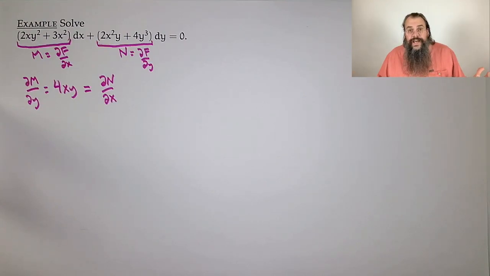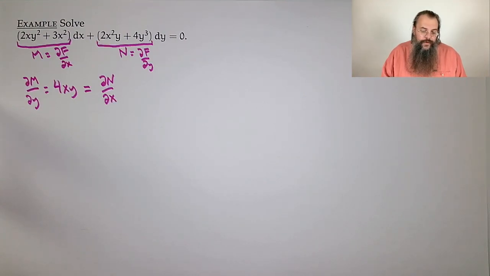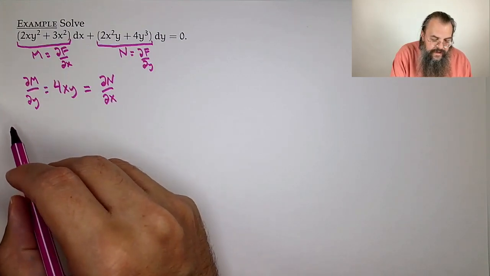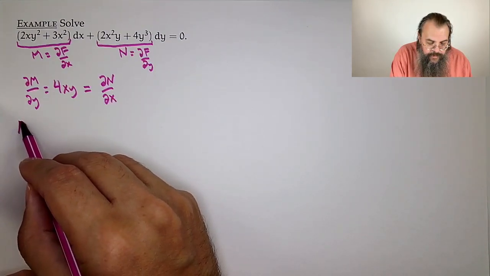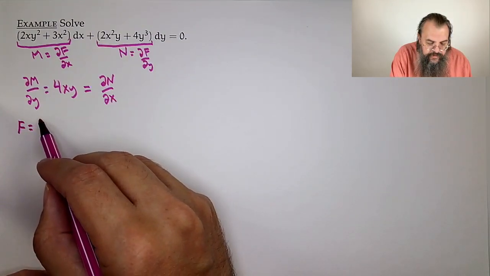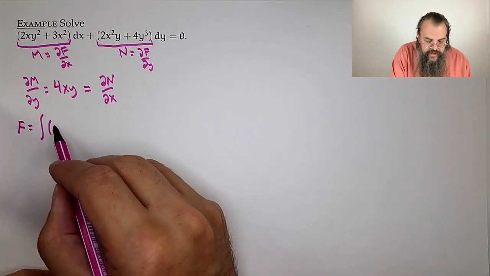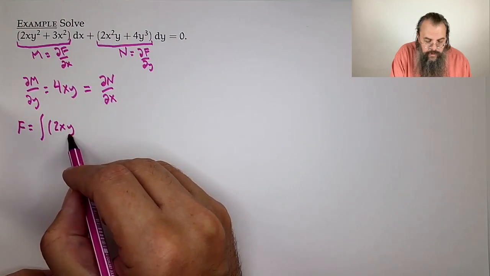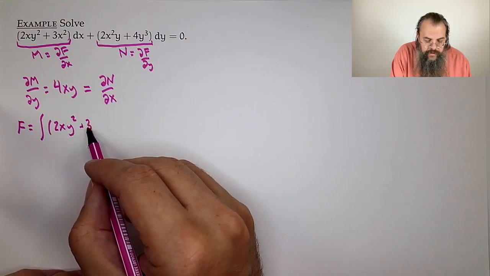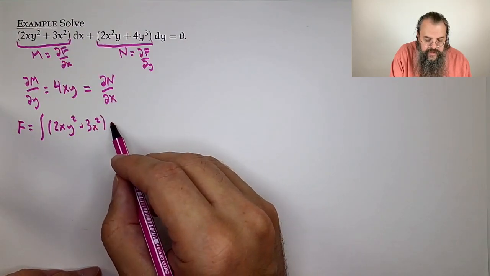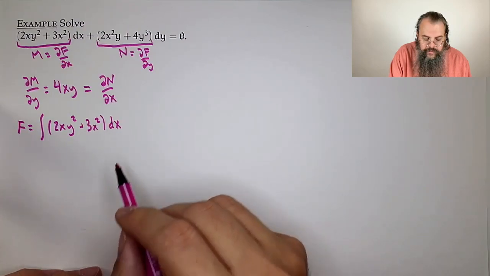Okay, so we know it's exact. So the next thing we would say is, okay, if we were running through our normal process, we'd say find f. We integrate the part that's the derivative with respect to x, 2xy squared plus 3x squared dx.